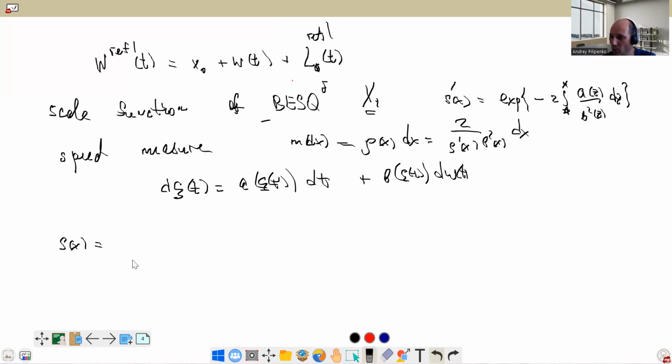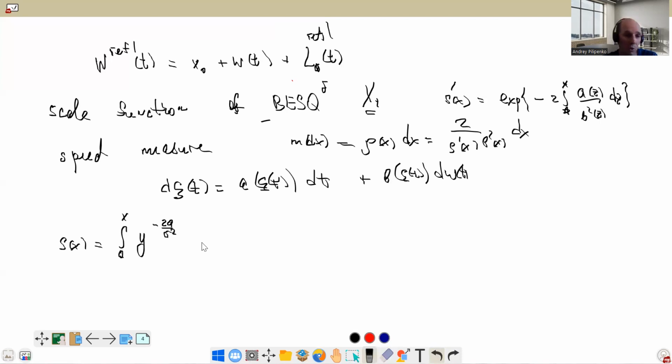equal to the integral from 0 to x of y to the power minus 2a over sigma squared dy.